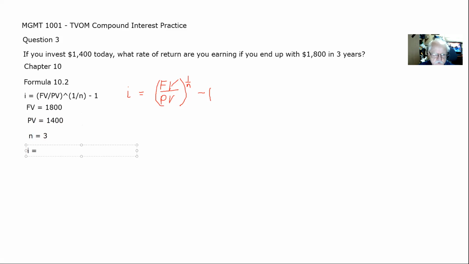I equals bracket, so to the power of 1 over 3, and then minus 1.